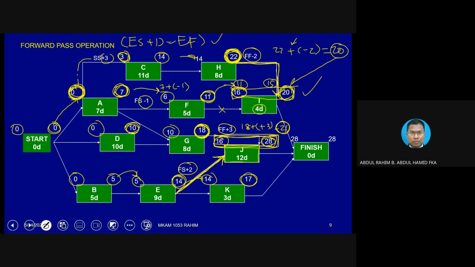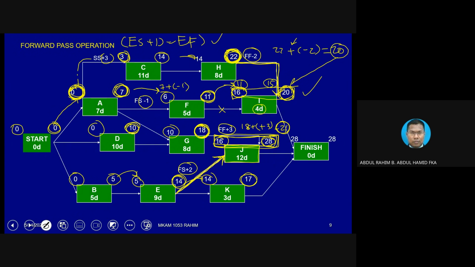So that is how we evaluate the values that sit in the subsequent box based on the type of relationship, whether it is coming from the front or at the back. Plus, we need to consider the lag and the lead.